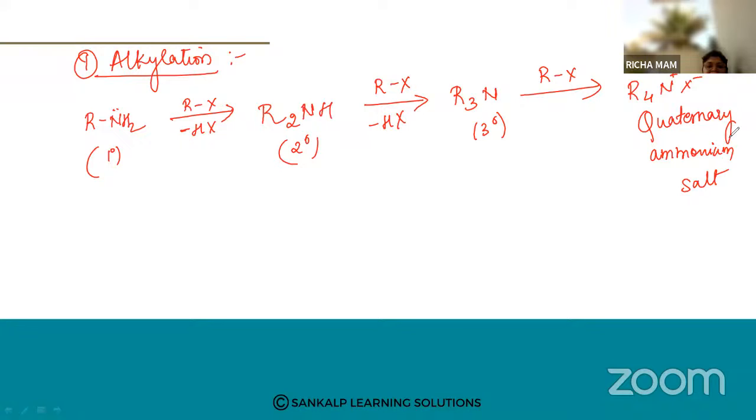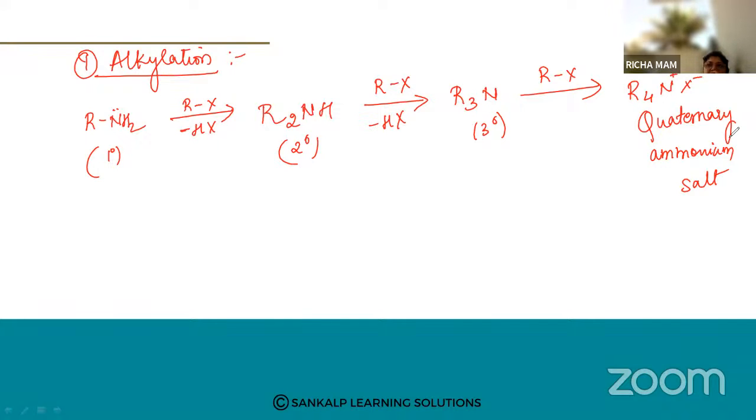So amines react with excess of alkyl halides, and at every step one of the hydrogen atoms of the NH2 group is replaced by the alkyl group. You will get a primary amine, secondary amine, tertiary amine, and finally a quaternary ammonium salt wherein all the hydrogen atoms are replaced.